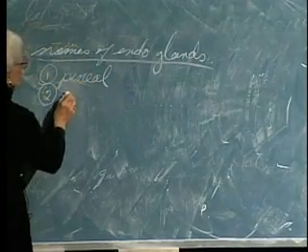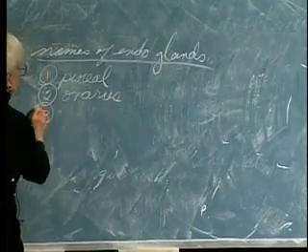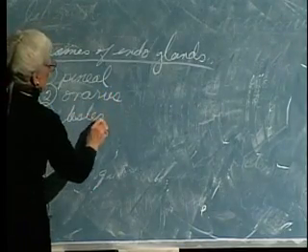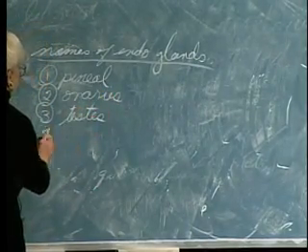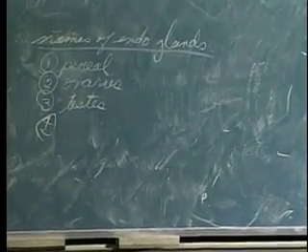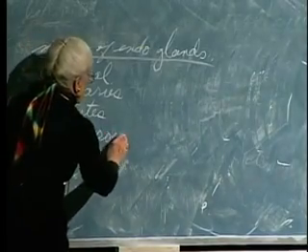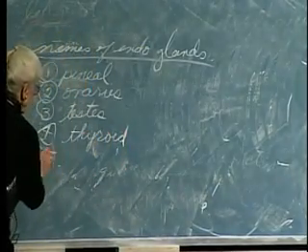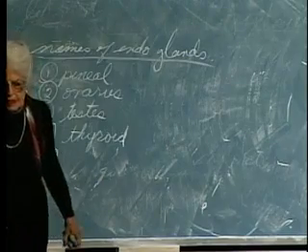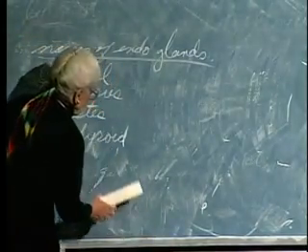Then we have the gonads, the ovaries, and the testes, plural. What's the big one on the anterior aspect of your neck? Thyroid. What's on the back of the thyroid? Parathyroid. We had it with our osteoclasts.